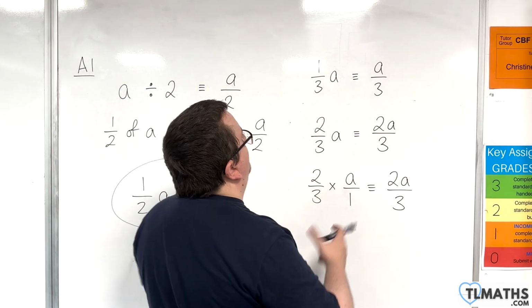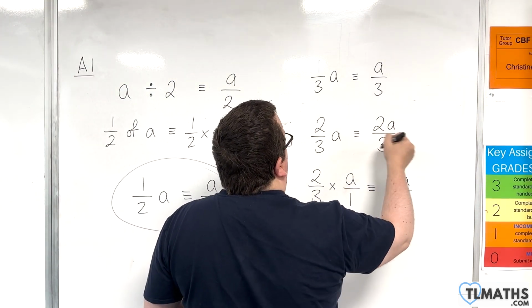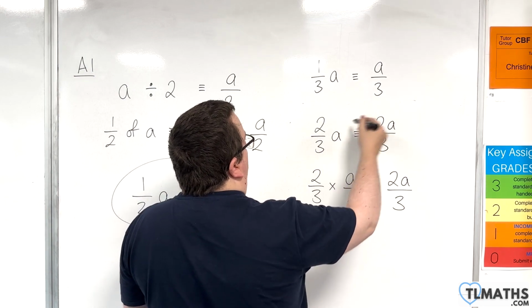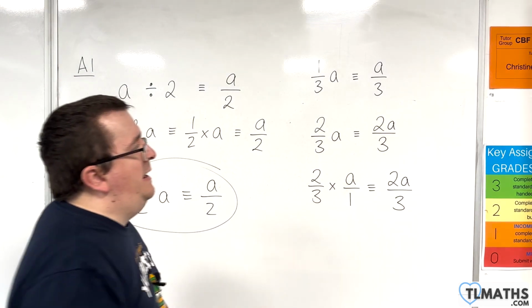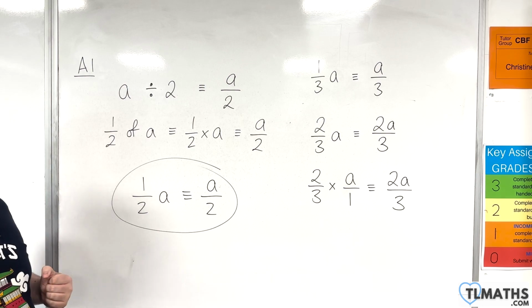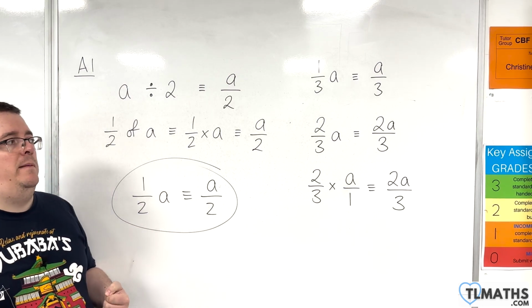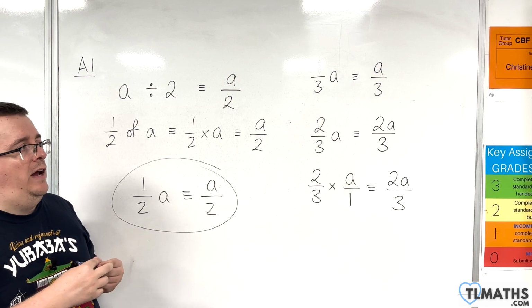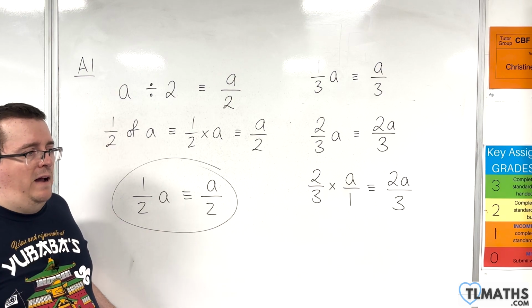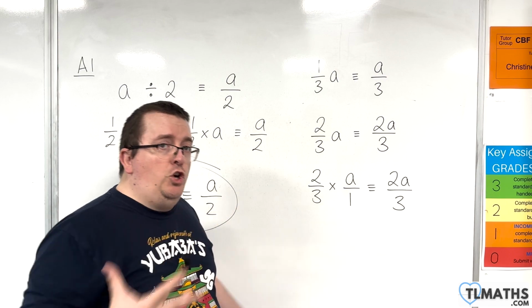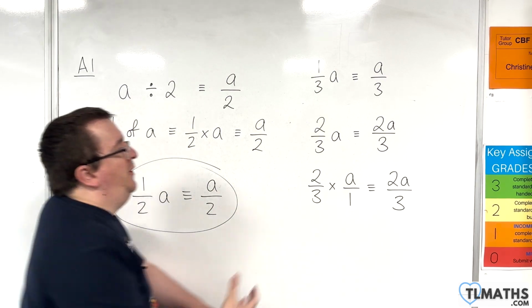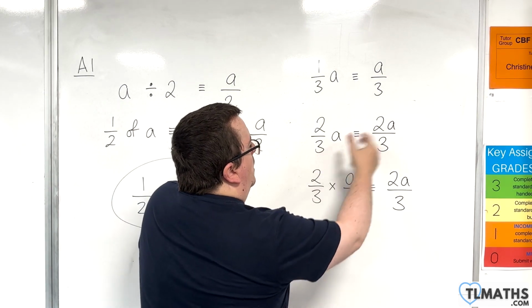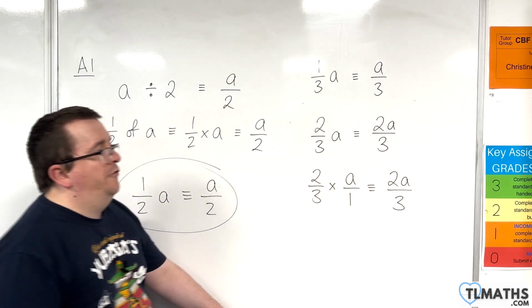So this conversion from 2A over 3 to 2/3 A, it's really, really important that you understand that these two things mean the same. The notation can get used throughout mathematics, and it may chop and change. Sometimes you'll see the 2/3 out the front, sometimes you'll see it combined within a fraction.